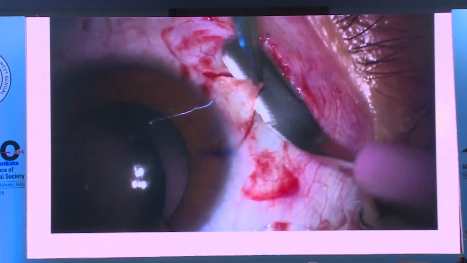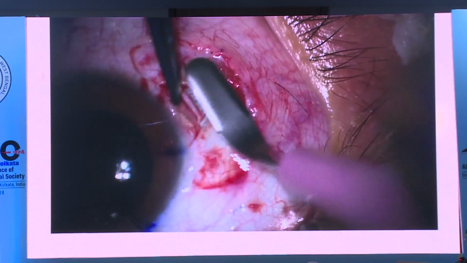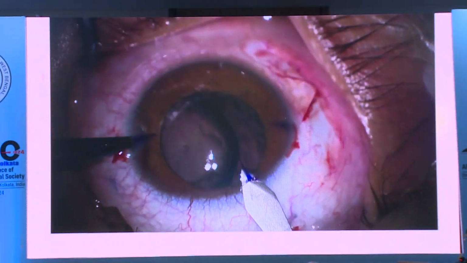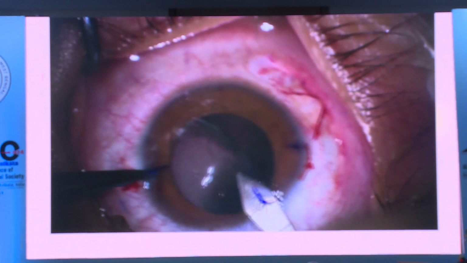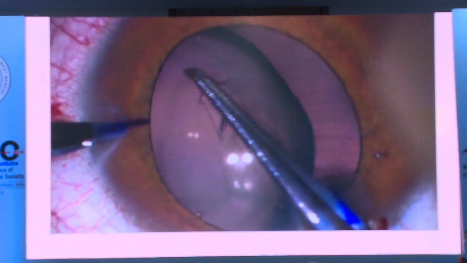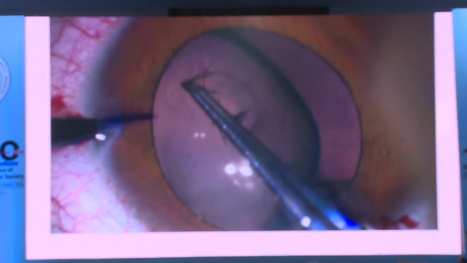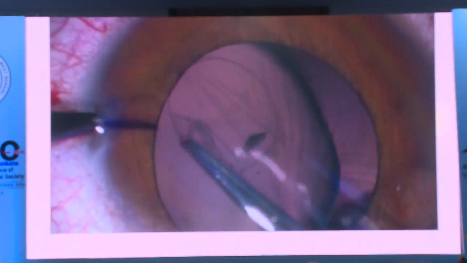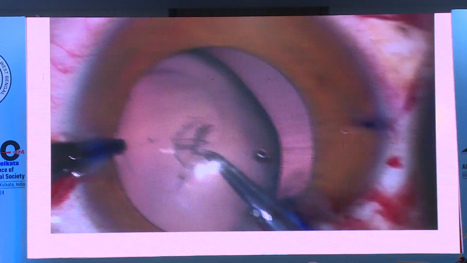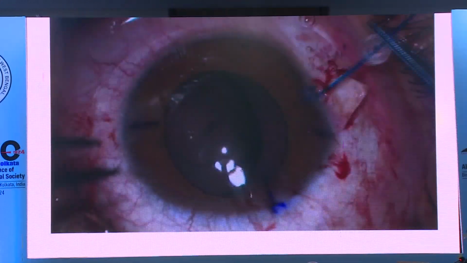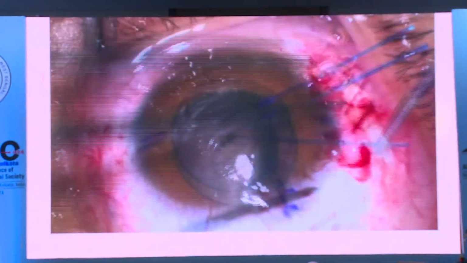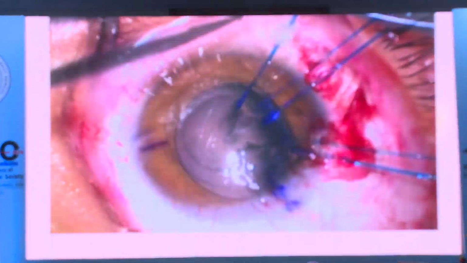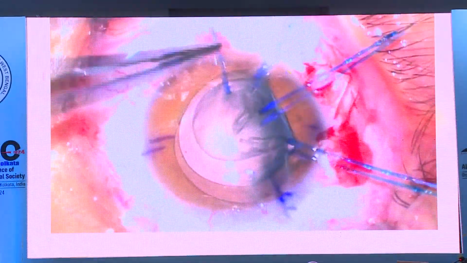Most important here is to achieve the perfect centration of the IOL after performing the surgery, and another issue is how we manage the cylindrical error or the toric, because there is a significant astigmatism.